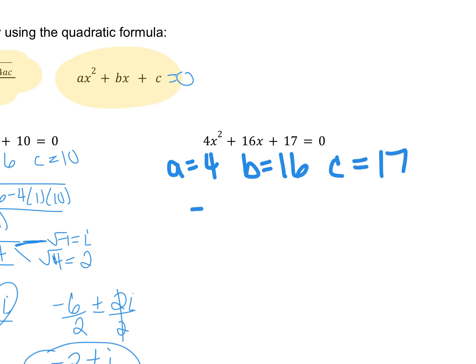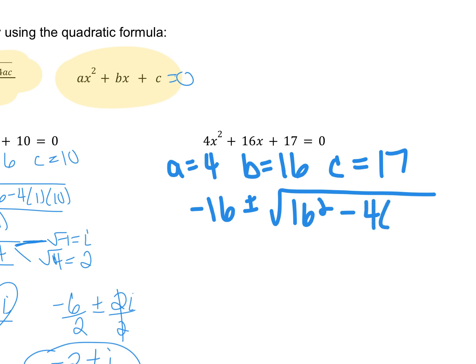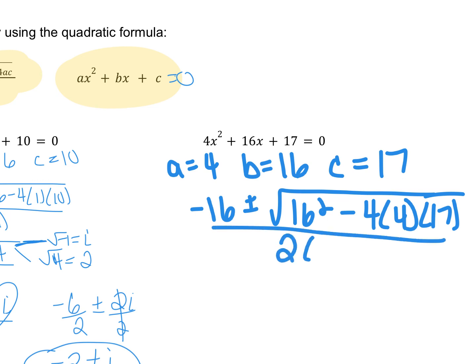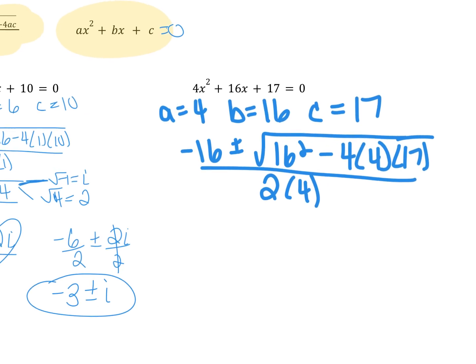So we're going to have the opposite of B. So we're going to have negative 16 plus or minus the square root of 16 squared minus 4 times A times C, all over 2A, which is 2 times 4.